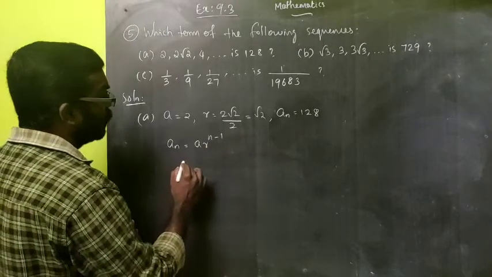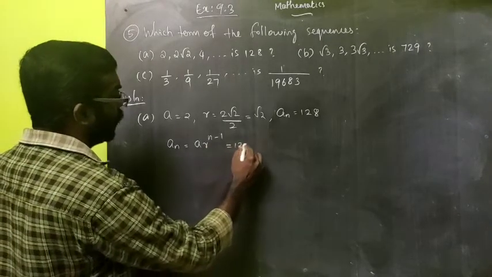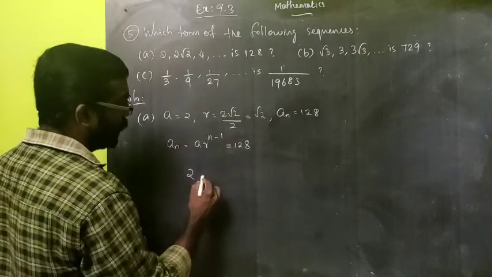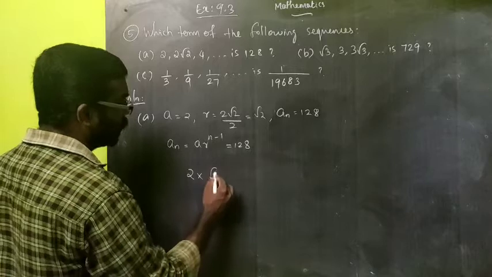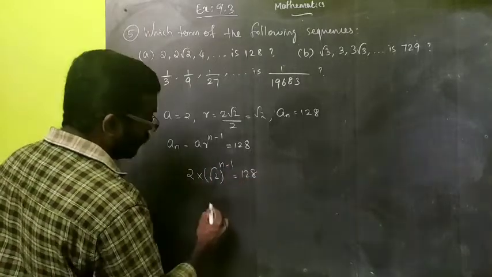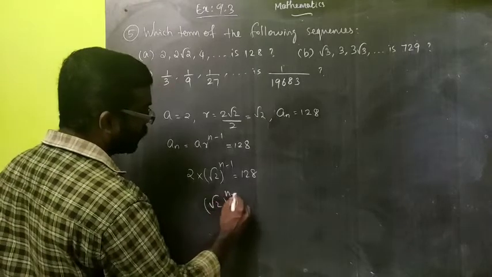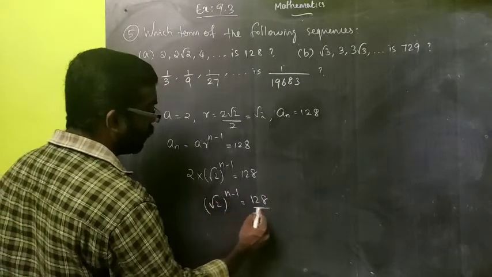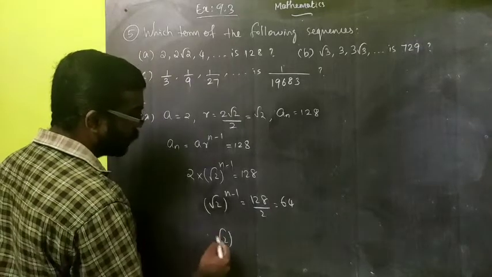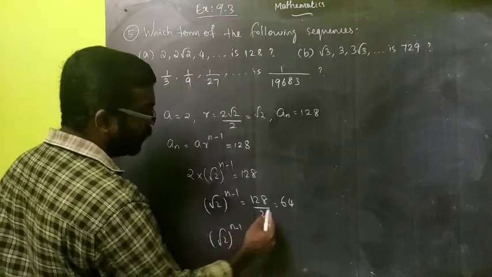Here it is given as 128, a is 2 and r is root 2. So 2 into root 2 raised to n minus 1 equal to 128, or root 2 raised to n minus 1 is equal to 128 divided by 2, 64. That is root 2 raised to n minus 1 is equal to 64.